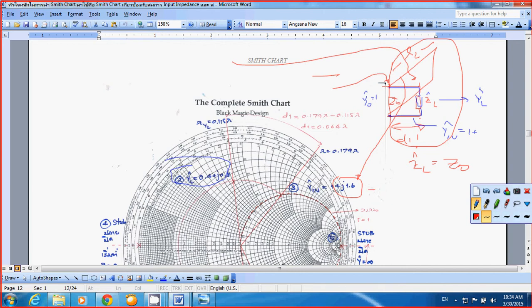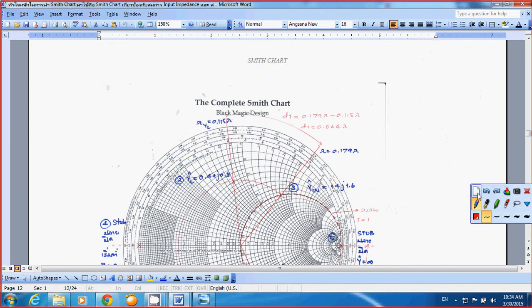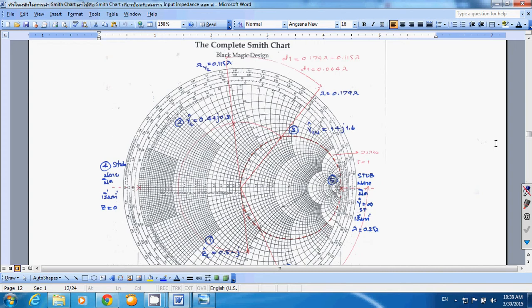You need it to be negative J 1.6, and I already explained how to find the length of the stub to give you the normalized admittance to be negative J 1.6. Okay, and actually there's more than one position.